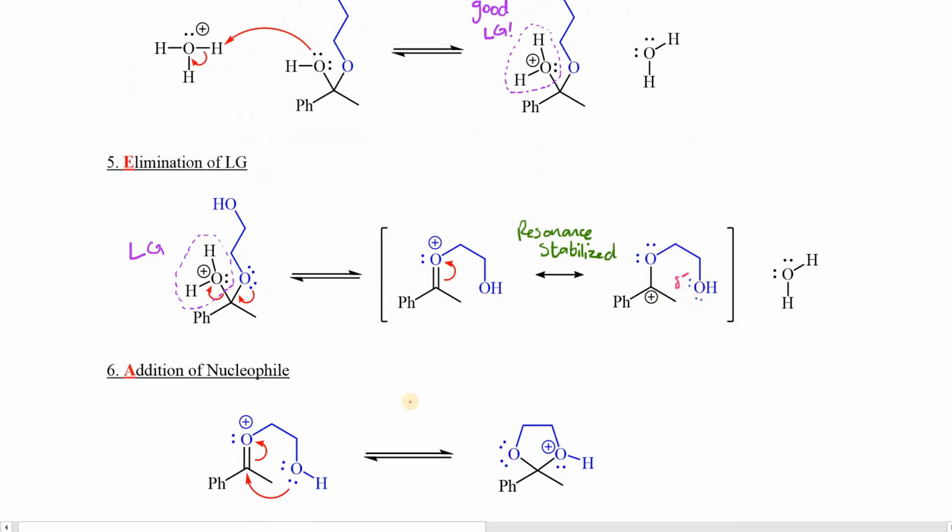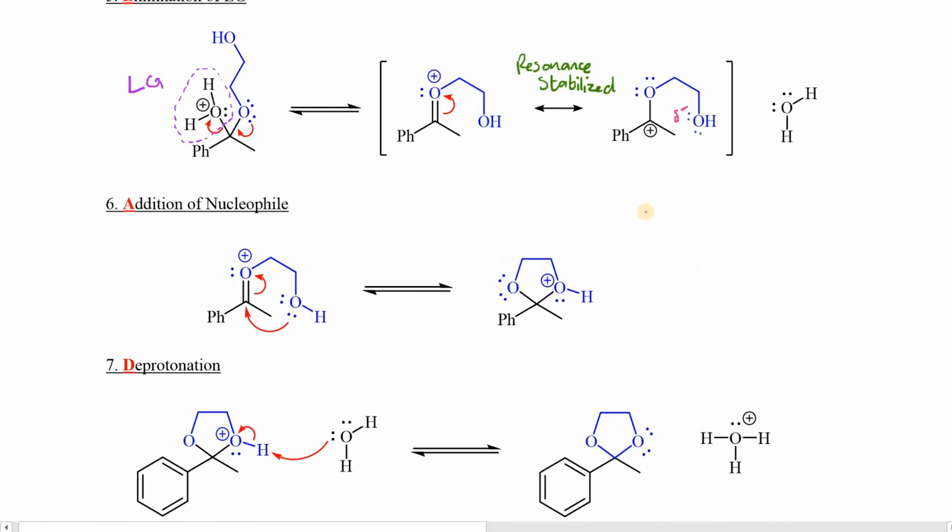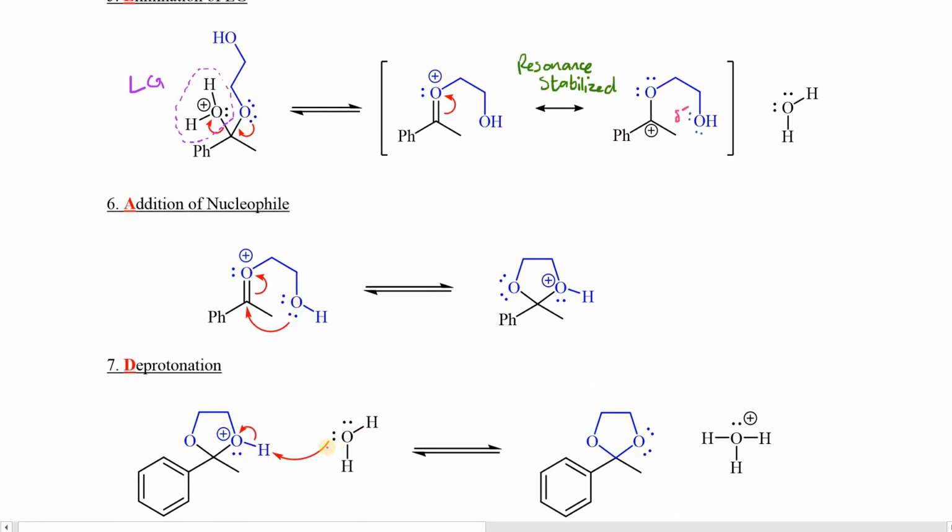Just like we said here, the OH attacks the carbonyl carbon. The pi bond breaks, and we form our alien-like structure with just an extra proton here. That's coming from here. So logically, let's remove that proton. Let's use one of these water molecules that we formed in steps 4 and 5. Let's bring that in for the last step. The water molecule comes in, plucks off the proton. This is our electron flow back to oxygen.